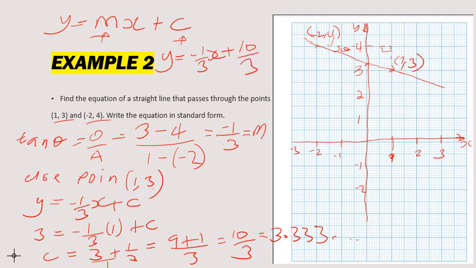That's our straight line equation. I hope we are together. To write it in standard form, it's simple. You just take x to that side, then you remove the denominators by multiplying both sides by 3. But that's not important; reaching that far is okay.